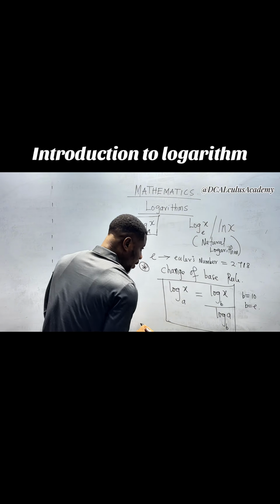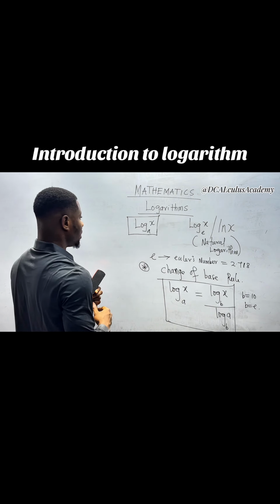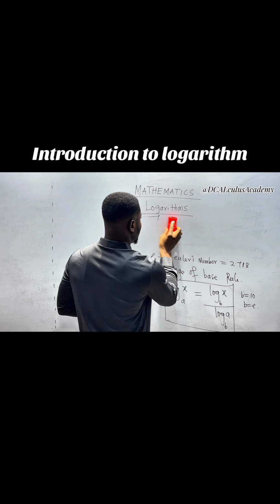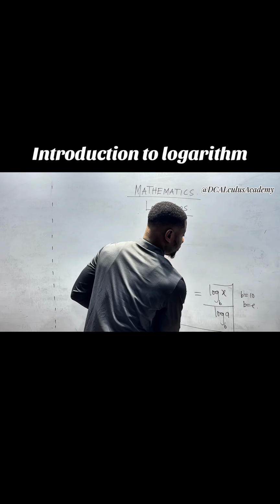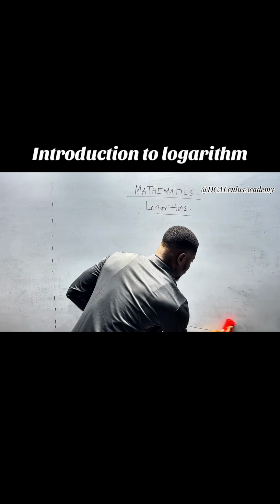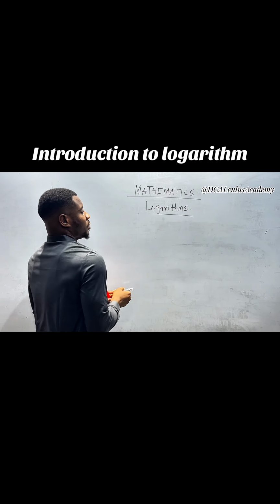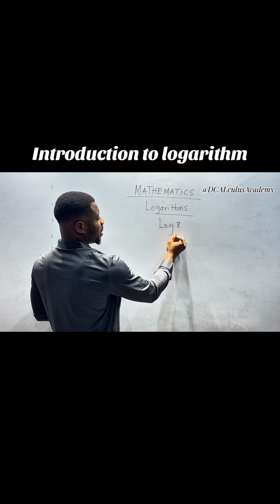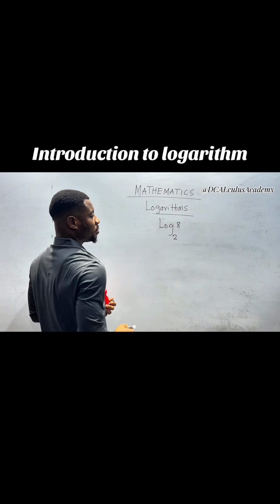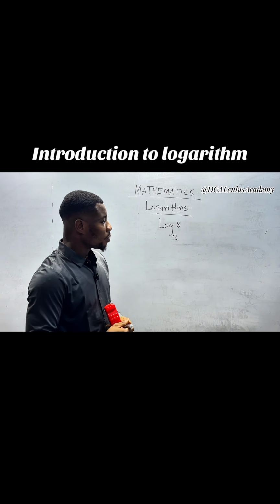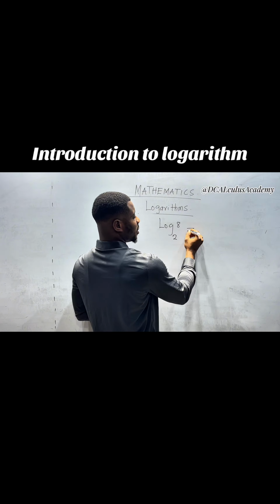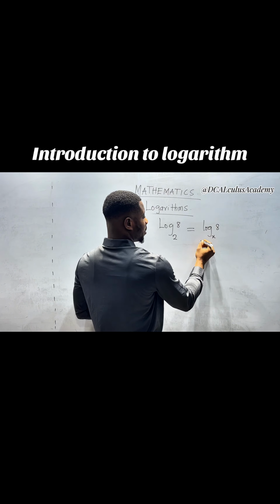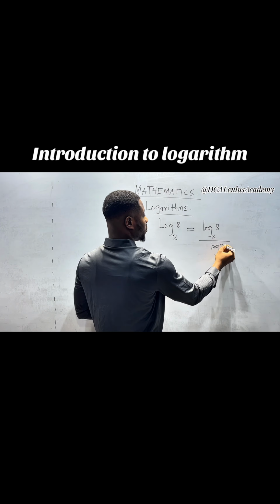For instance, if I have log of 8 to base 2, and I wanted to change base, I could write this as log of 8 to base x divided by log of 2 to base x.